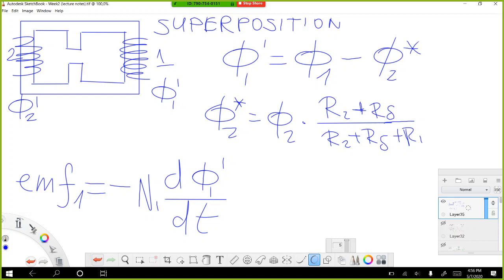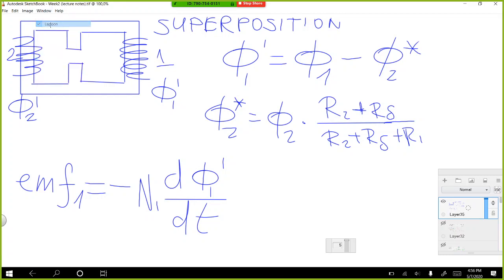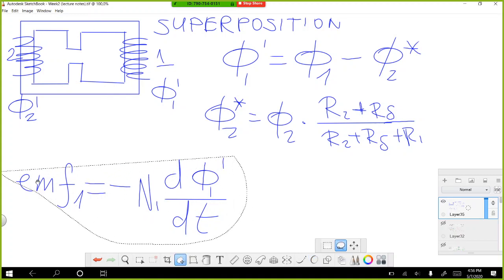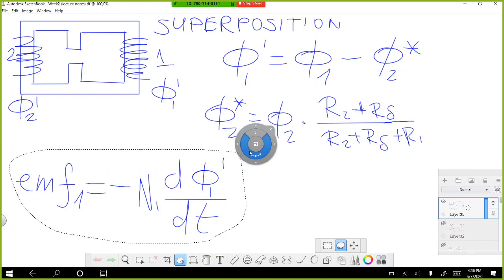Similarly, we can find phi2 prime and then the electromotive force in the second coil.